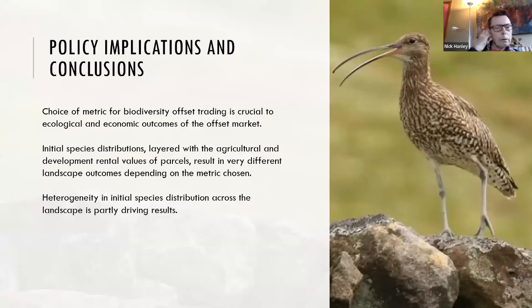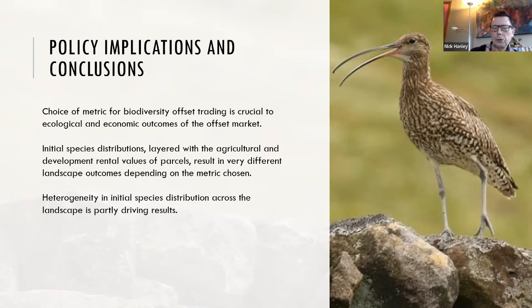So I think I need to kind of bring things to a conclusion here. I was going to show you some extra results we have on paying for results, but I ran out of time. So let me just move to some conclusions on this stuff. The choice of metric for biodiversity offset trading is crucial, it turns out, to the ecological and the economic outcomes of the market.